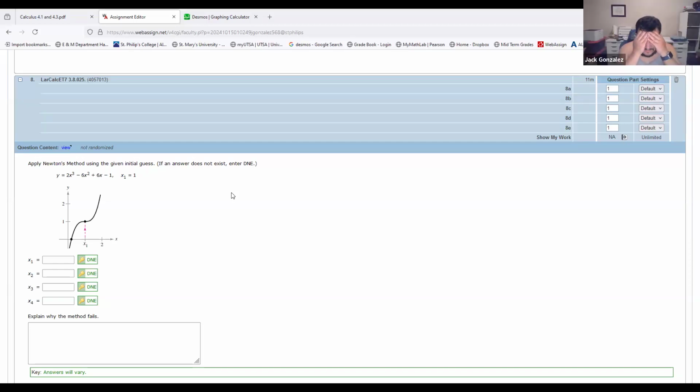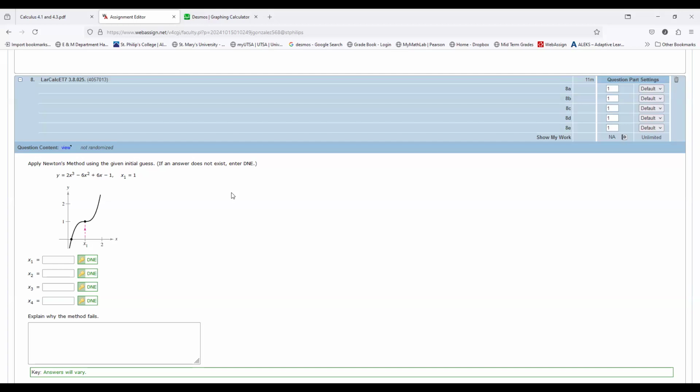Right. Yeah. I mean, Newton's method requires division by the derivative. I think answering the explanation with that, because the initial guess was at a critical point, would have been more proper.